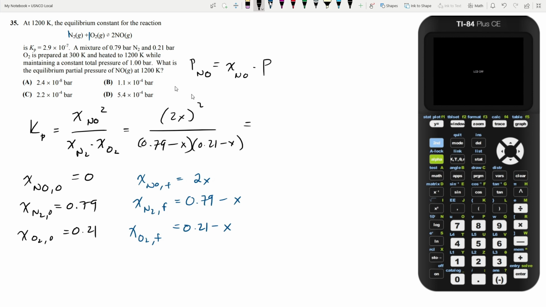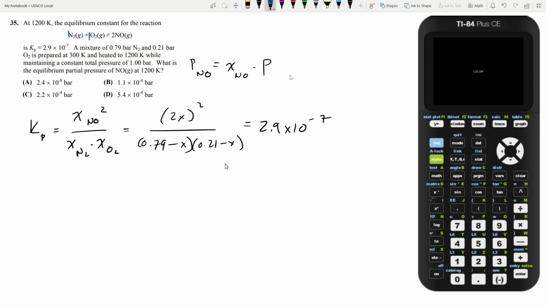And again, we know that all of this is equal to the Kp that we're given, which is 2.9 times 10 to the minus 7th. With this formula, you can now solve for x. So we know that 2x squared, so 4x squared, is going to equal 2.9 times 10 to the minus 7th times 0.79 minus x times 0.21 minus x.